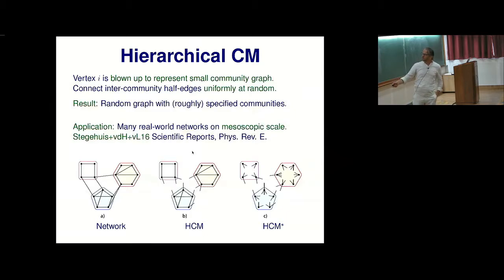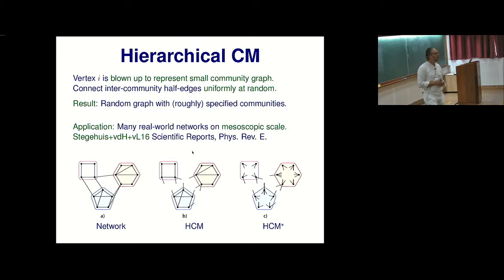So if you have some sort of a network with a community structure, such as here, what you see is that there's lots of small cycles, and this is generally not present in the configuration model. But what you could think of is this being collapsed to a single vertex, and then having the out edges be paired randomly amongst the communities. And that's what the hierarchical configuration model does. There's 2 versions.